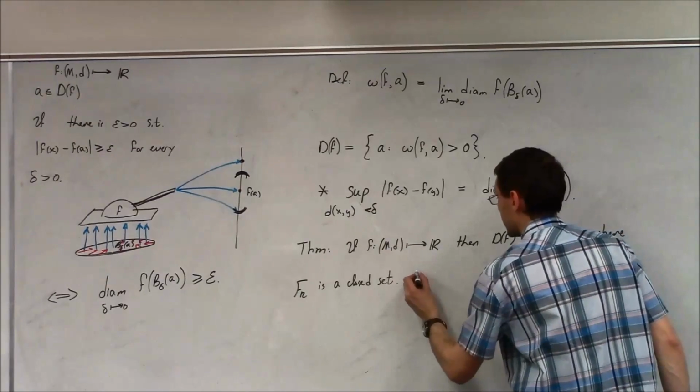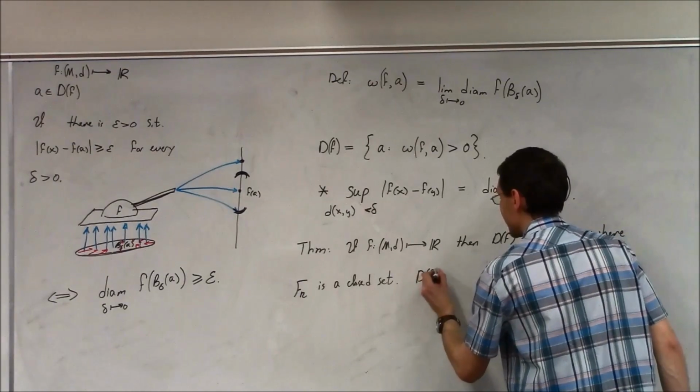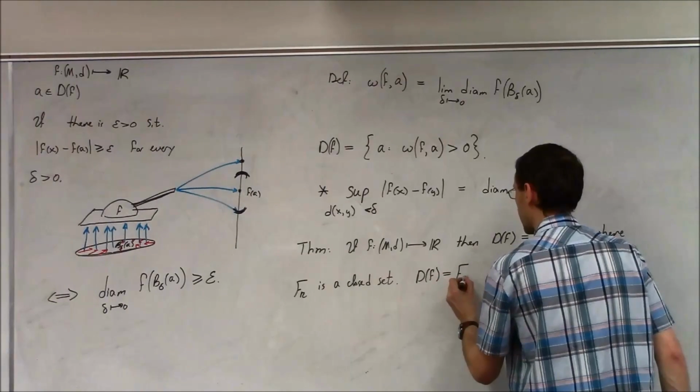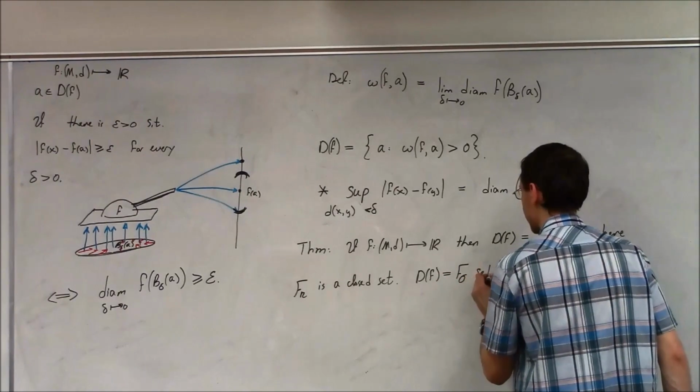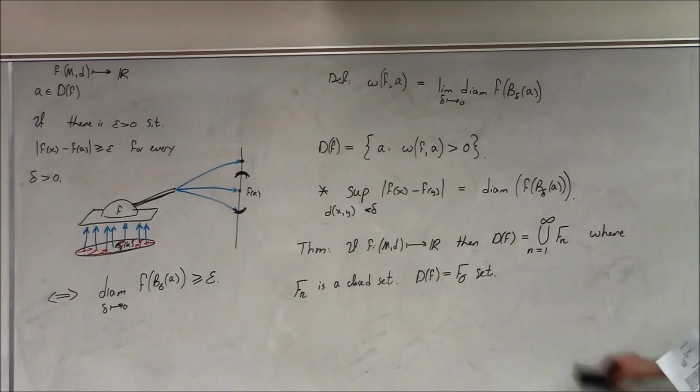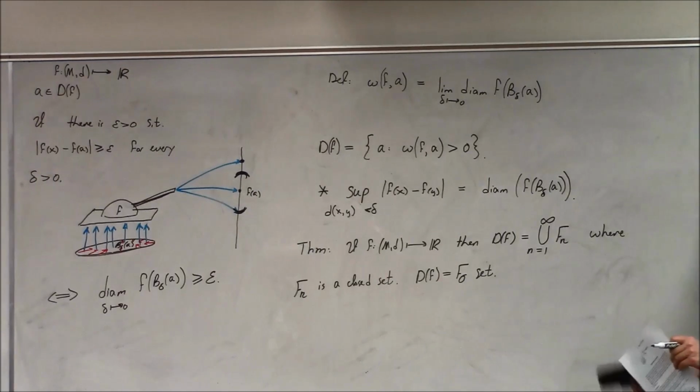So this means that D of f is an F sigma set. It's an example of a Borel set where you're taking unions of closed sets. So remember, F for fermé, sigma for sum. So let's prove this theorem.